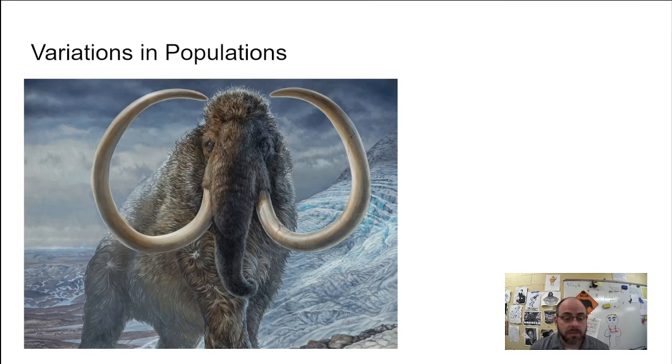At one point, this mammoth was super fit for its environment, but when the environment warmed up, those genes that made it fit now made it bad, right? Bad, there's that moral word again. Made it unable to survive, and so those genes become deleterious. And so variation in a population decreases the chance of this happening where there's no variation. If all the genes are deleterious, then that population will go extinct.